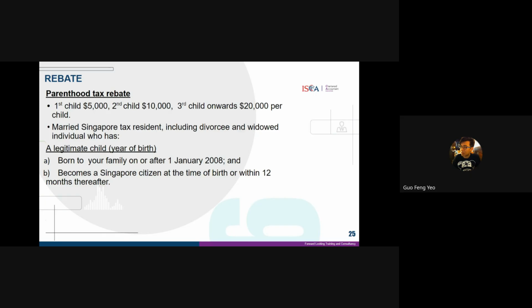What is defined as a legitimate child is one born to your family on or after 1st January 2008 who becomes a Singapore citizen at the time of birth or within 12 months thereafter.